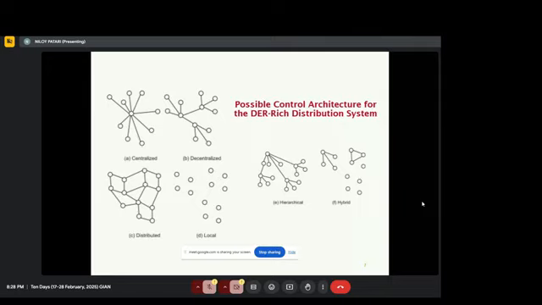If any one of the communication channels fails between one agent and the ADMS, then the ADMS may not be able to come up with a solution, right? So that is a disadvantage for centralized solutions.